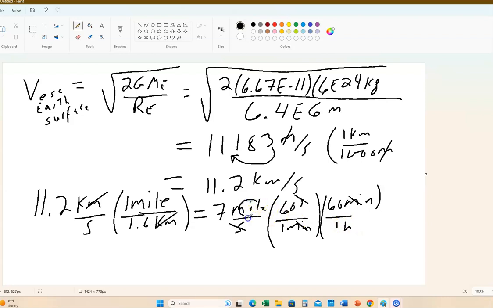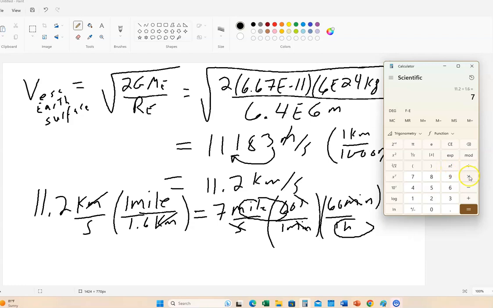There's the miles, there's the hours, the only two units that haven't canceled. So that's really 7 times 3,600. I've done this many, many times. It's going to be more than 25,000 miles per hour.